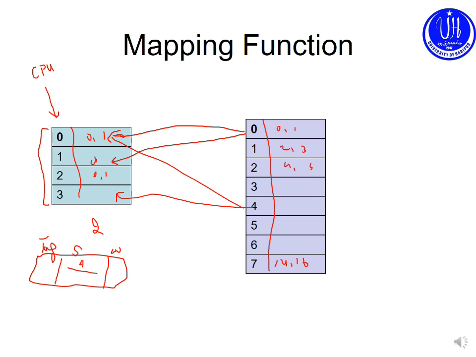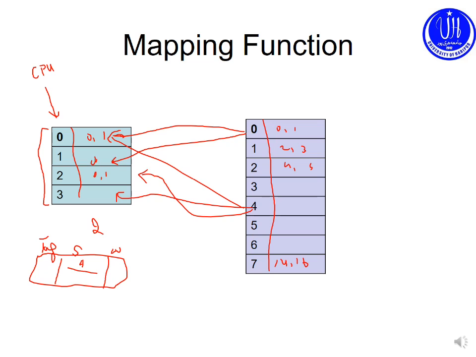For example, which block should I replace? Say block 4 is coming here, and the line is not predefined, so it will see which one to replace. For example, it can replace either 0 or 1 or 2 or 3. It can go to any of these 4 lines.